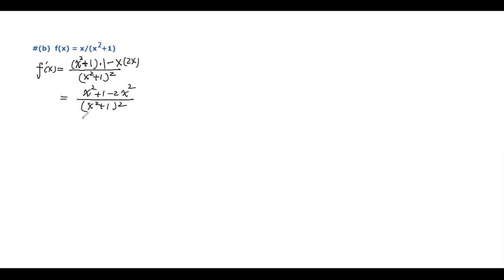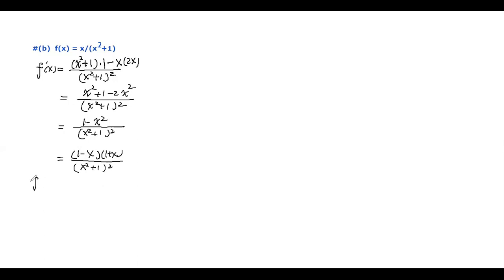Then this is 1 minus x squared, right? Because you have x squared minus 2x squared. And now in the same way, I factor. So this would be 1 minus x and 1 plus x.